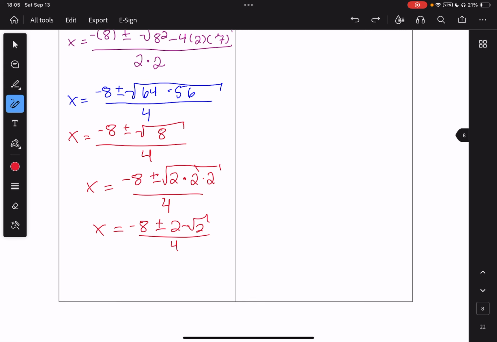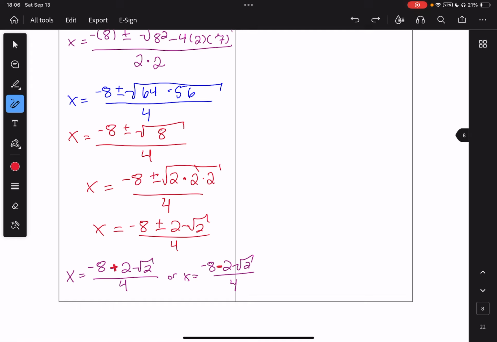So we can either write it as x equals negative 8 plus 2 square root of 2 over 4, or x is equal to negative 8 minus 2 square root of 2 over 4. Remember, plus on one side, minus on the other side.